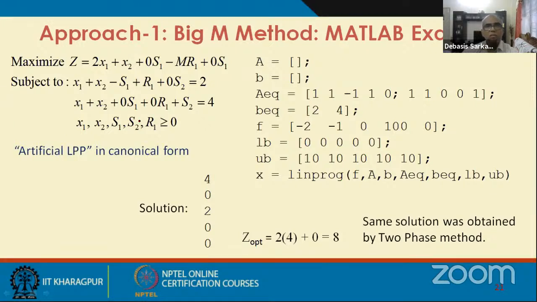So here I am writing this so that it becomes easy for you to form this matrix and vector, particularly this matrix. Note that I have put 0 into s2 here, 0 into s1 here, 0 into r1 here.